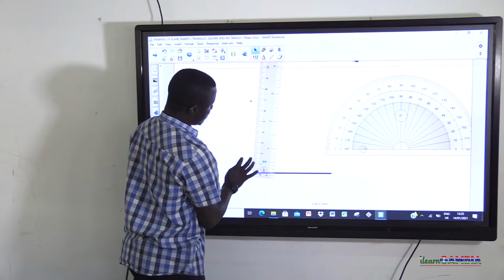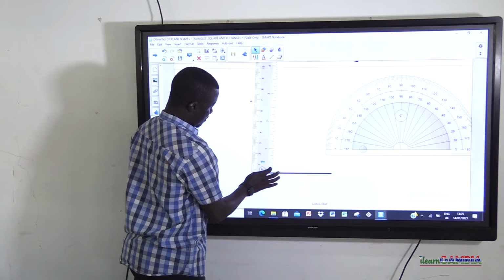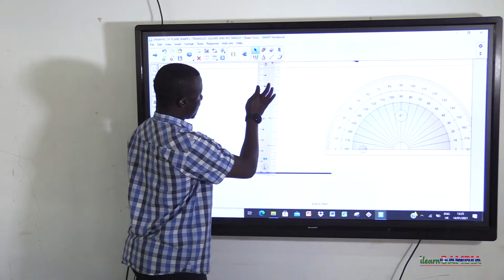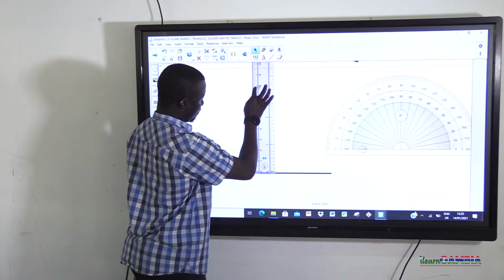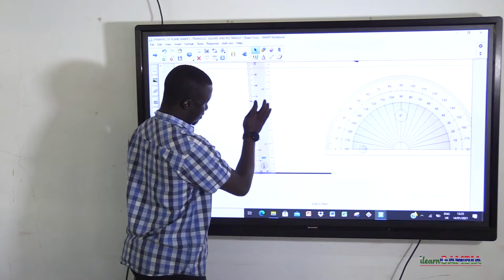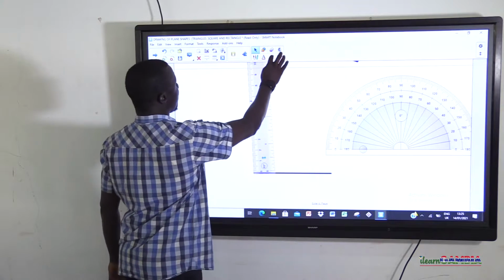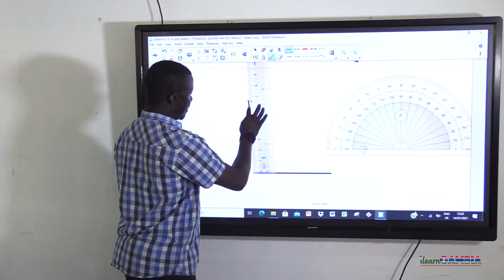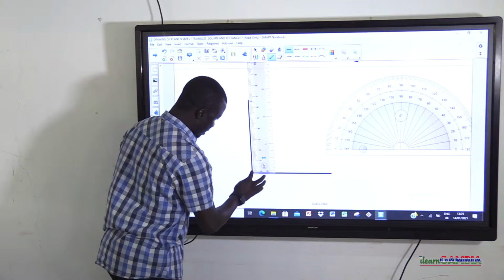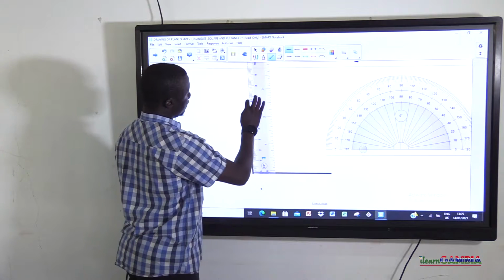We can easily connect our line, our dot onto the line. As you can see, let's get our line, and this is a straight line for that matter.